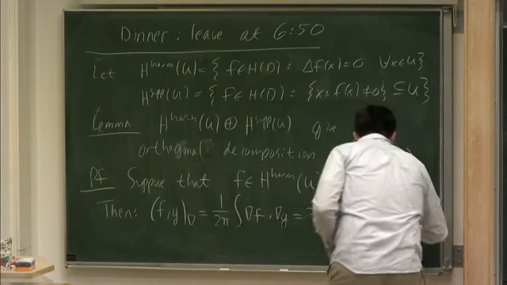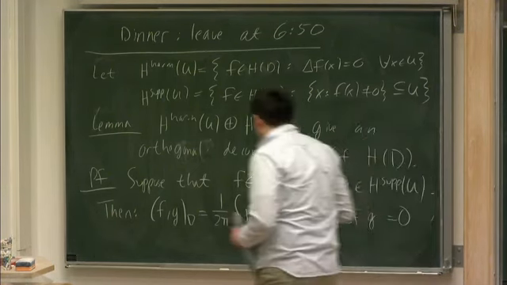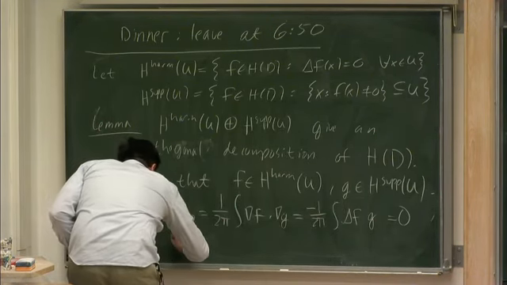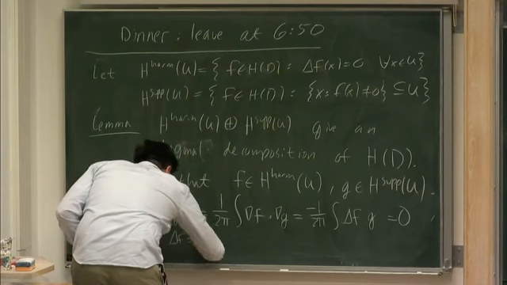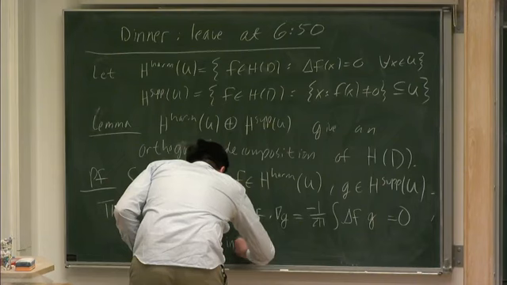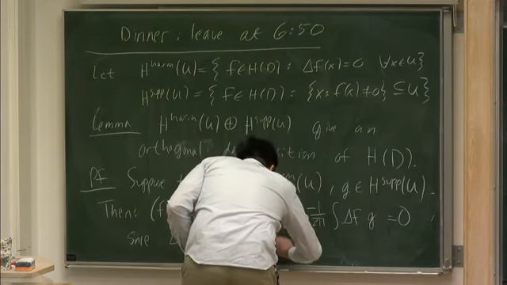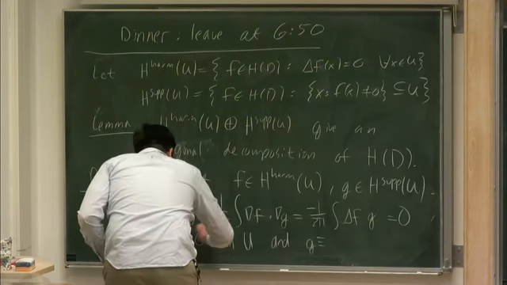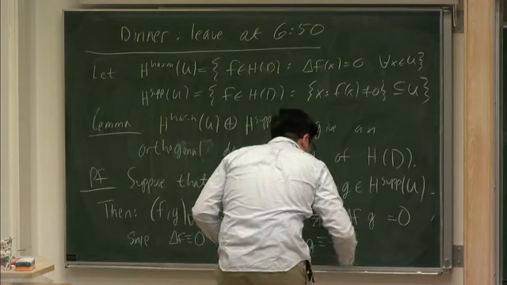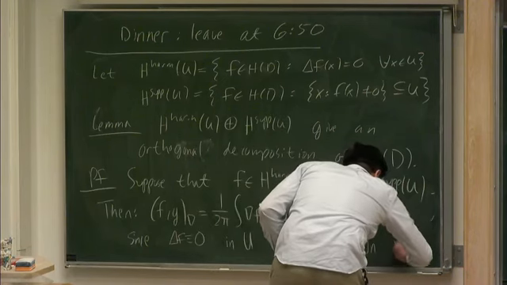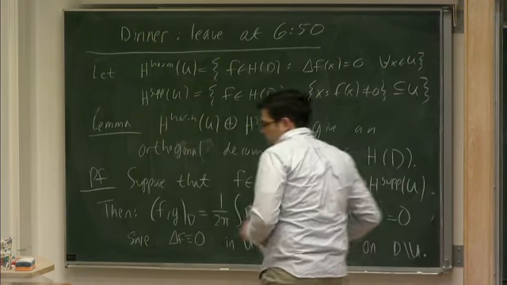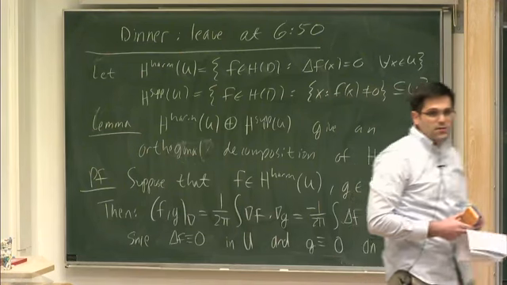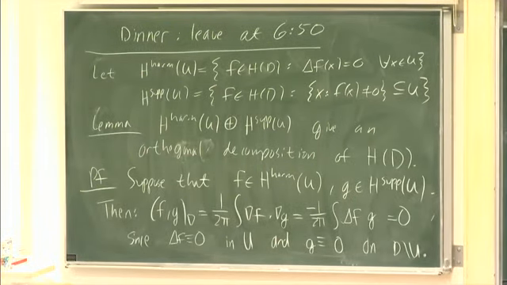And this is going to be 0 because f has 0 Laplacian in U, and g is equal to 0 on the complement of U. Okay, so it's pretty easy to see that these two spaces have to be orthogonal.